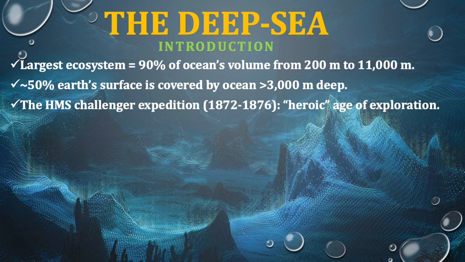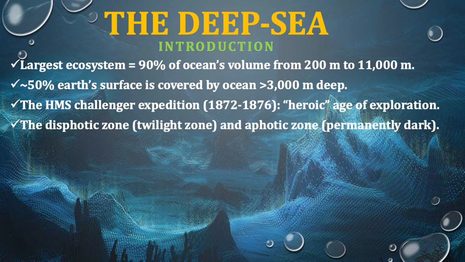The HMS Challenger expedition of 1872 to 1876 marked the beginning of what they call the heroic age of deep sea exploration, and since then our knowledge has progressed with technological advancements.